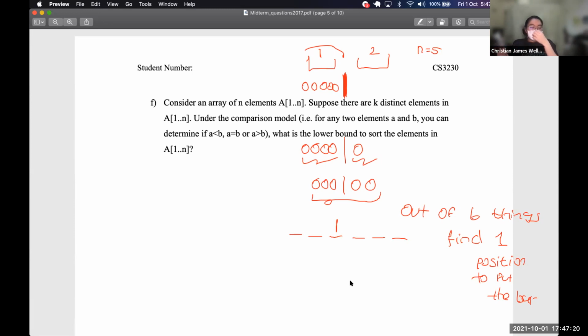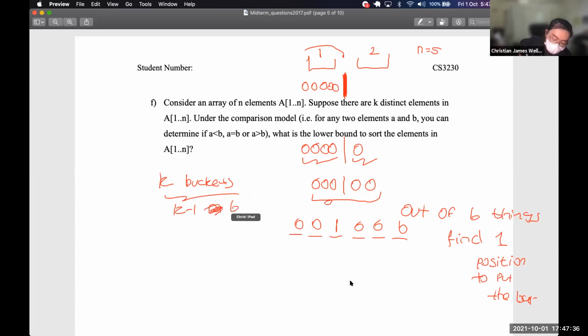Okay, so basically if I have k buckets, meaning I have k minus 1 partitions or bars, let's just say bars, and n balls, it's where to put the k minus 1.